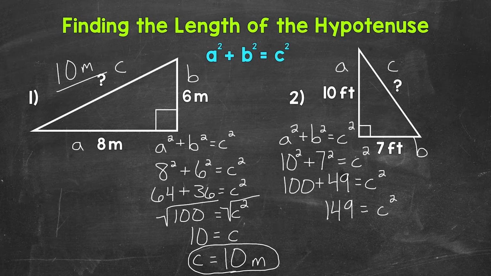Now we have 149 equals c squared, so our next step as we work through this equation is to isolate c.